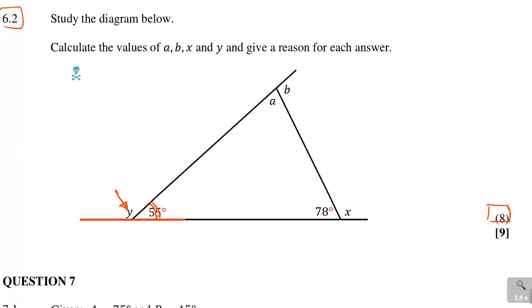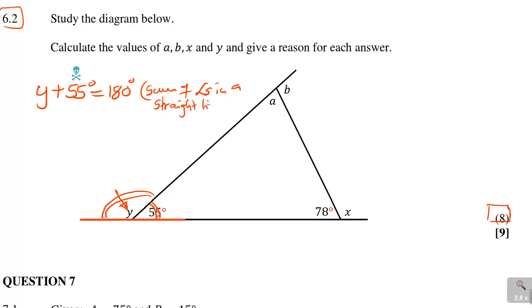So if I add this angle and that angle, meaning y plus 55 degrees, I must get 180 degrees. Reason: sum of angles in a straight line equal to 180 degrees.